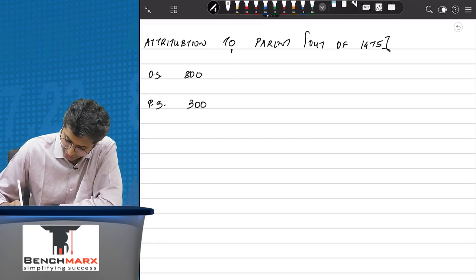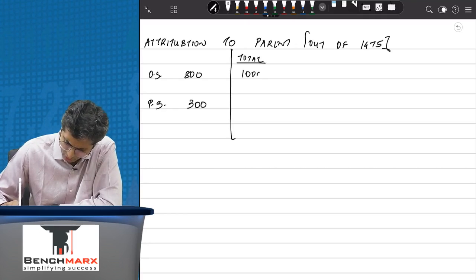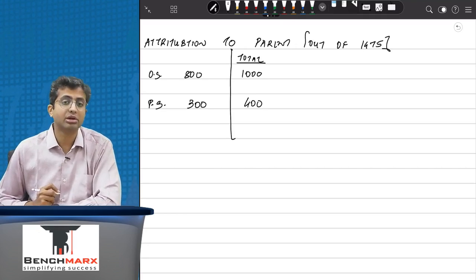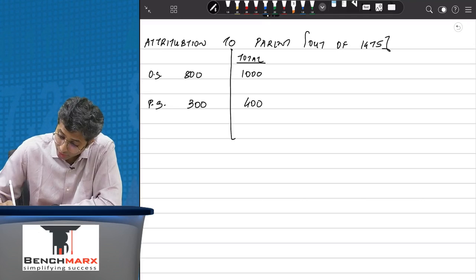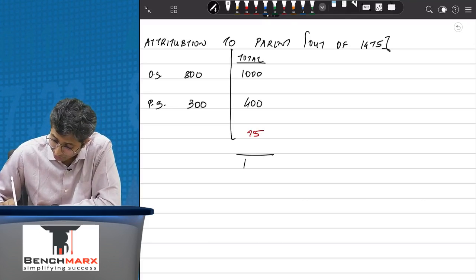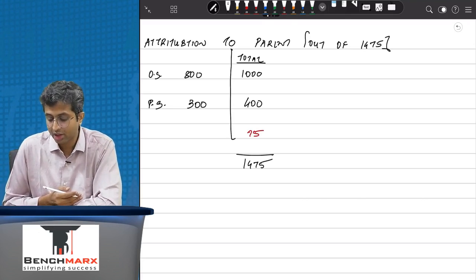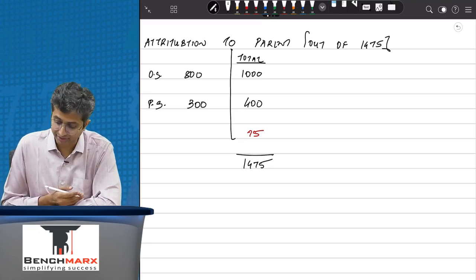For your reference, the total in the subsidiary is 1000, out of which 800 are attributable to the parent. The total is 400, out of which 300 is attributable to the parent, and the total here is 75. Out of the total 1475 taken in the denominator, the earning is 3.66.